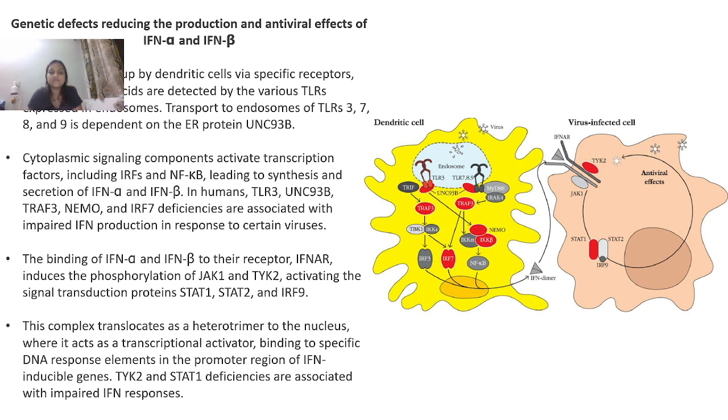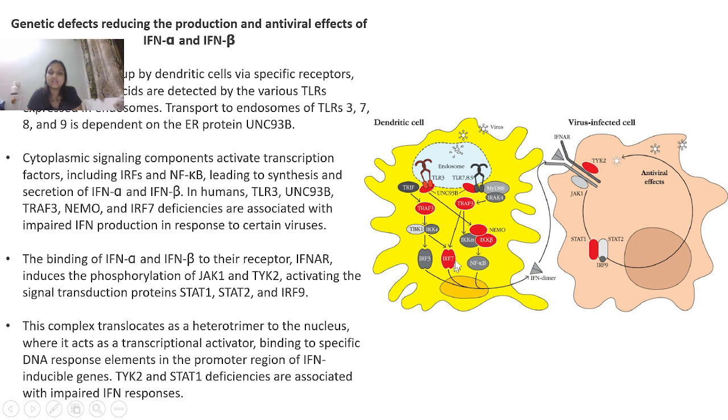If there is a deficiency in tyrosine kinase or STAT1, it has been seen that they are associated with impaired IFN responses. So if genetic defects are present in these different kinds of proteins, these red ones are the mutated ones. Suppose in UNC93B there is a mutation, what will happen? It will not lead to the transport of these TLRs into the endosome, and there will be no signaling.